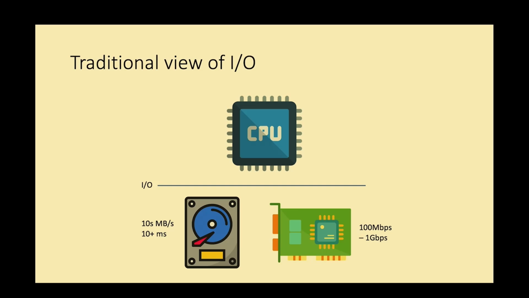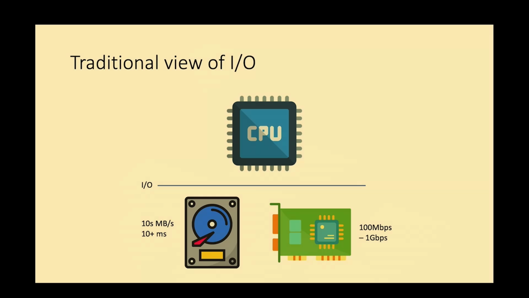And each time you access some data on your disk takes 10 plus, multiple tens of milliseconds. You probably don't have an idea of what that number means, but it's very slow. I was downloading something the other day, and I found that I was actually downloading faster than that. So back in the days, it's very slow.